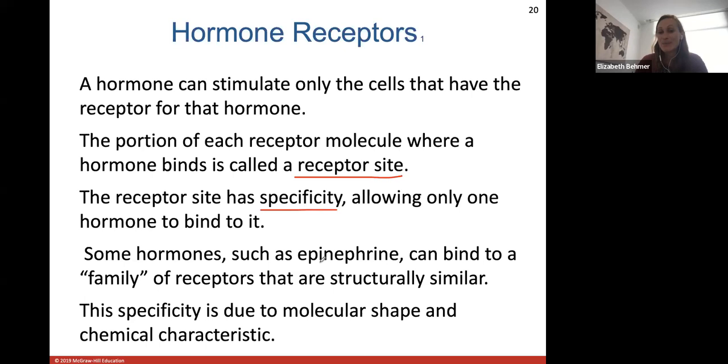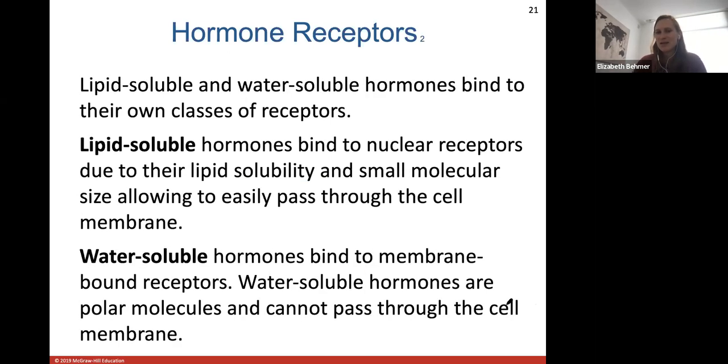Some hormones, like epinephrine, can bind to a family of receptors that are structurally similar, like epinephrine or norepinephrine, which are both adrenaline type hormones that get your body ready for activity. And this specificity is due to the molecular shape and chemical characteristic of the receptor itself.